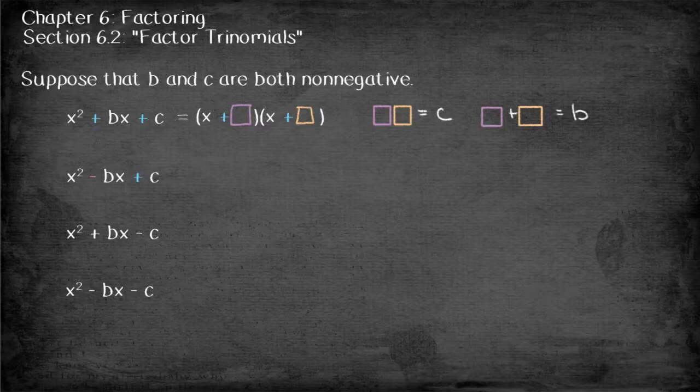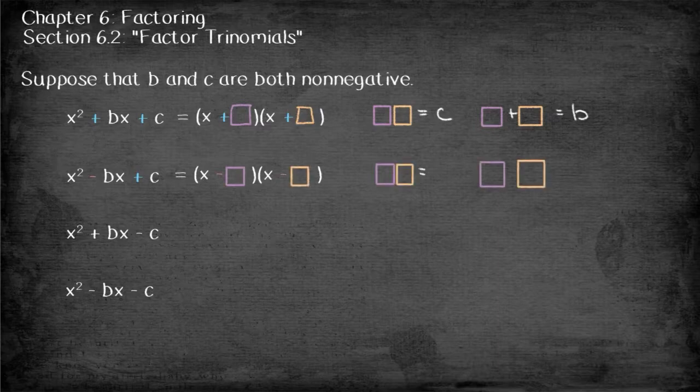We also just looked at this other kind of case here where we have the minus sign on the bx part, but the c is positive. So same deal. We want them to multiply together to give us c, and we want to add them together to get b. The only difference is here now the signs are different. They're negative.